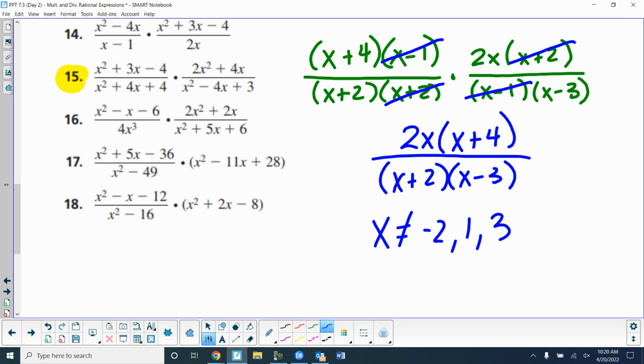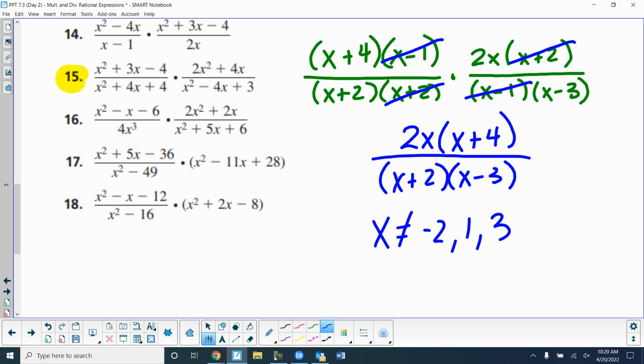Number 10 is x cubed over 3y squared. X cannot be 0. Number 12, x plus 5 times x plus 8 all over 3. X cannot be 0 or 9. 14, x minus 4 times x plus 4 all over 2.